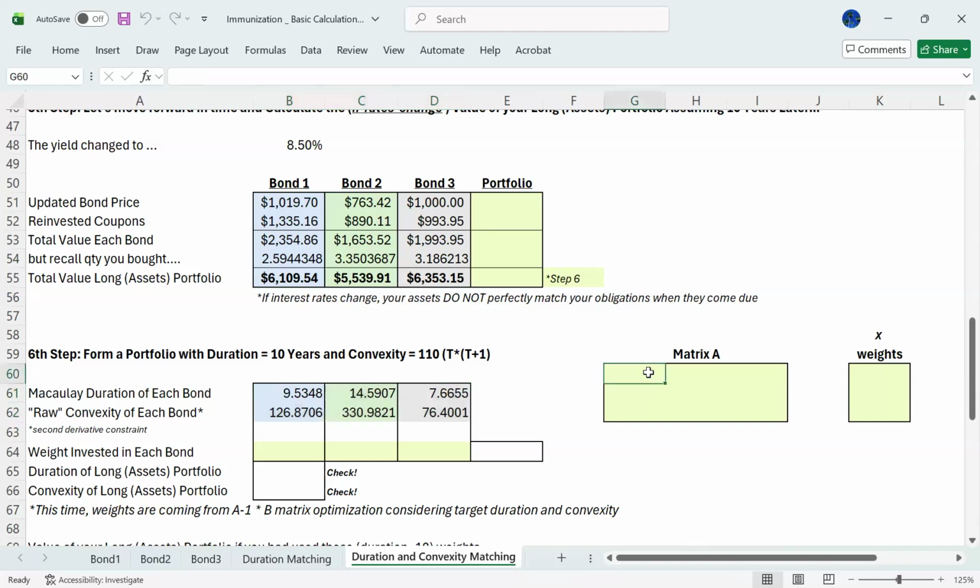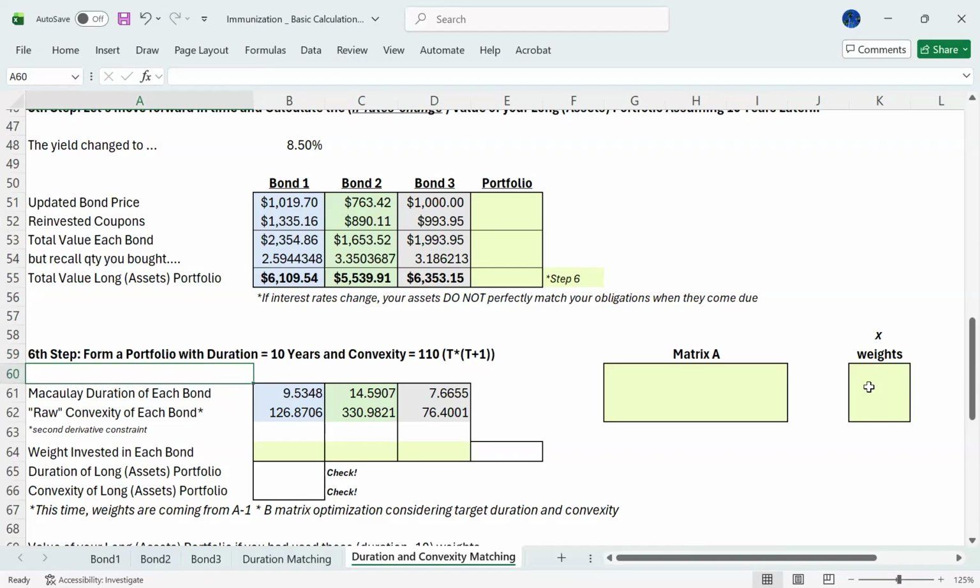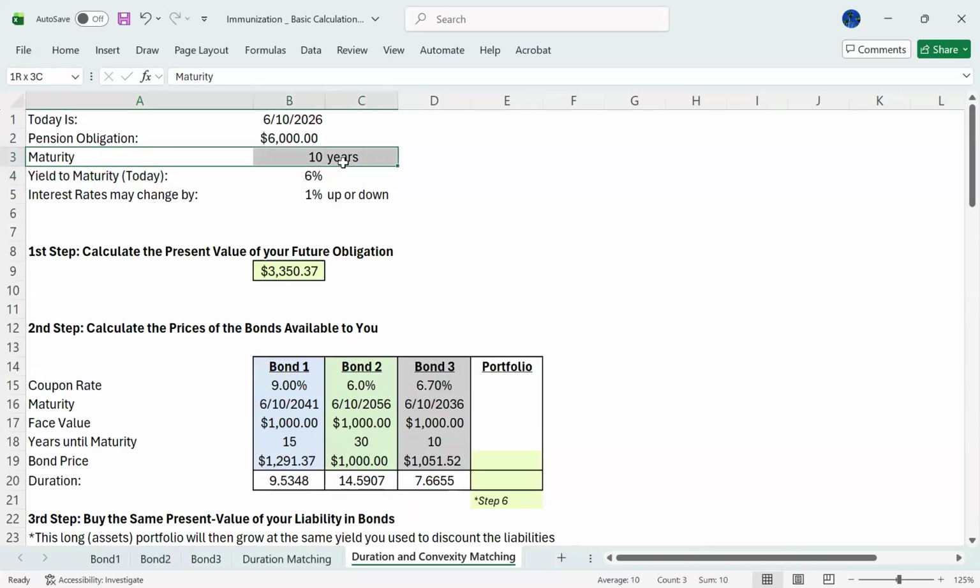Okay, now we should find a portfolio which has a duration of 10, but we also want a portfolio which has a convexity of 110. Now, the convexity of that liability, okay, and I'm missing a parenthesis here. That liability only has a single cash flow.